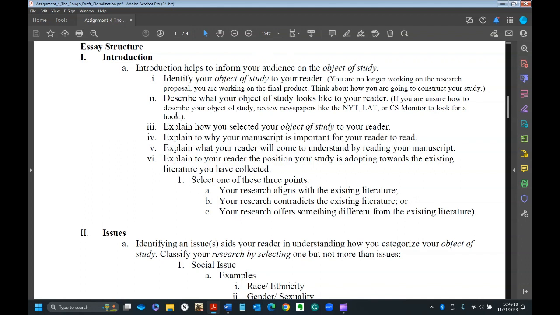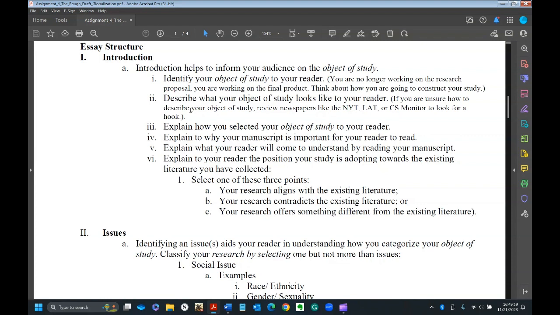narrow your object of study by describing what it looks like to your reader. As I mentioned in class, if you're still uncertain about the type of concrete example to provide, what I wrote in the parenthetical comment is: if you're unsure how to describe your object of study, review newspapers like the New York Times, the LA Times, or even the Christian Science Monitor to look for a hook or a concrete example where you as the writer can connect your ideas about your topic.